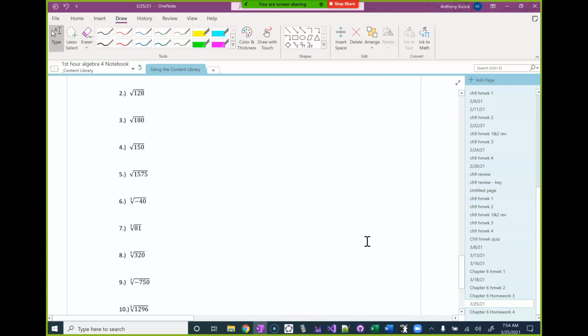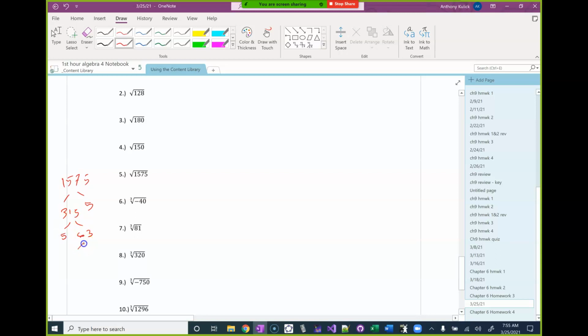So I would start by doing a prime factorization. And if I look at 1575, it's pretty obvious to me that that's got to be divisible by 5 because it ends in a 5. So I can do 5 and 315. And 315, again, pretty obviously is divisible by 5 because it ends in a 5.